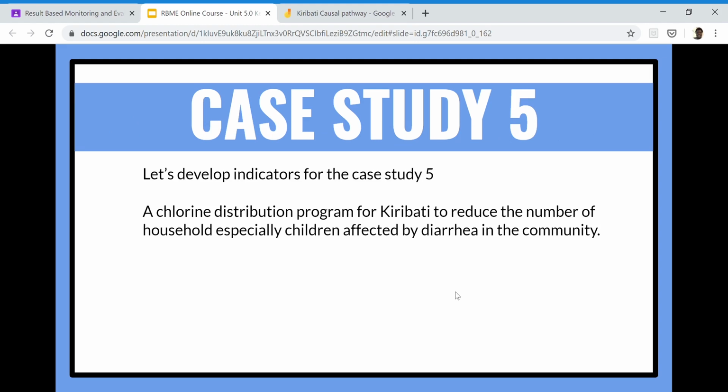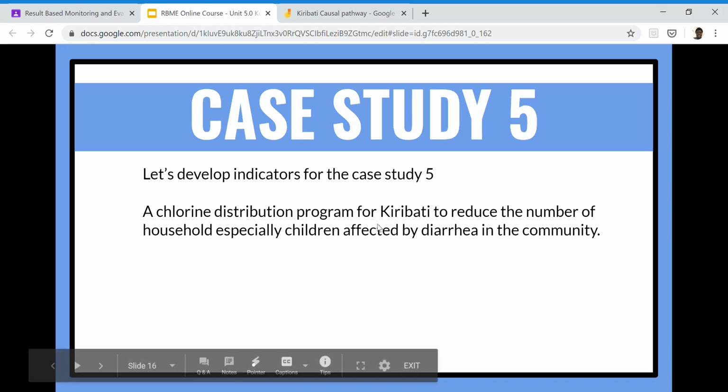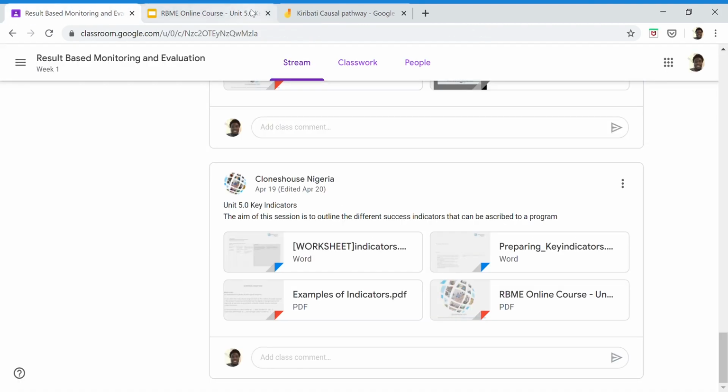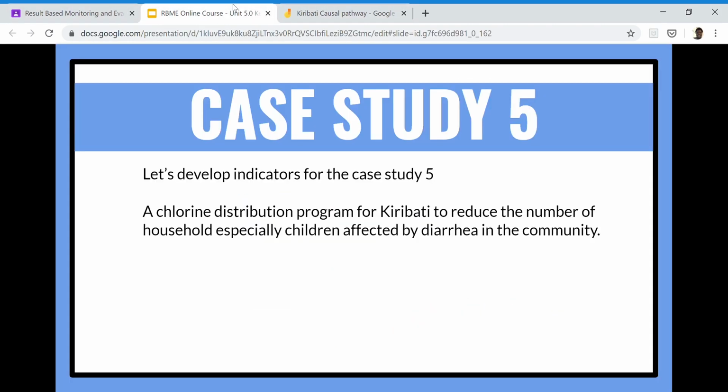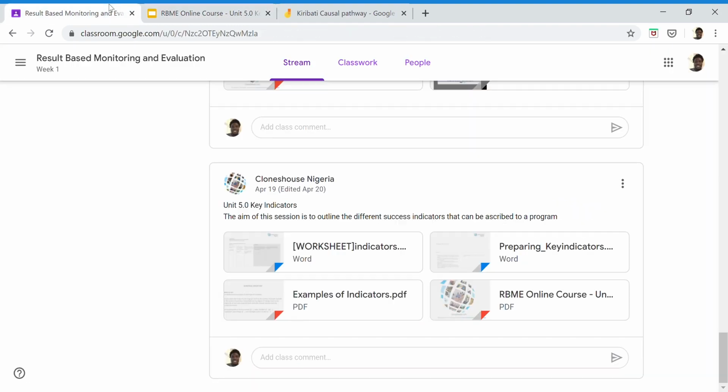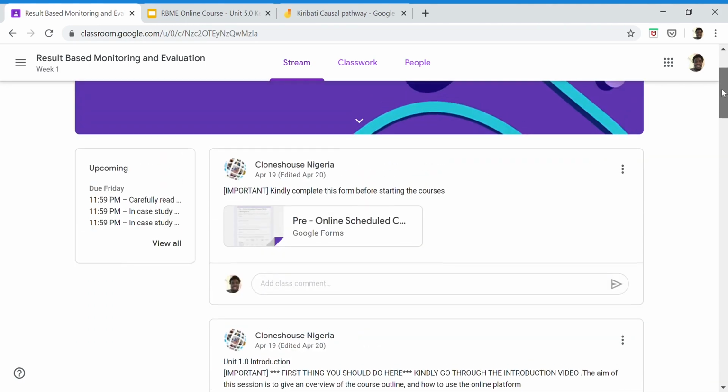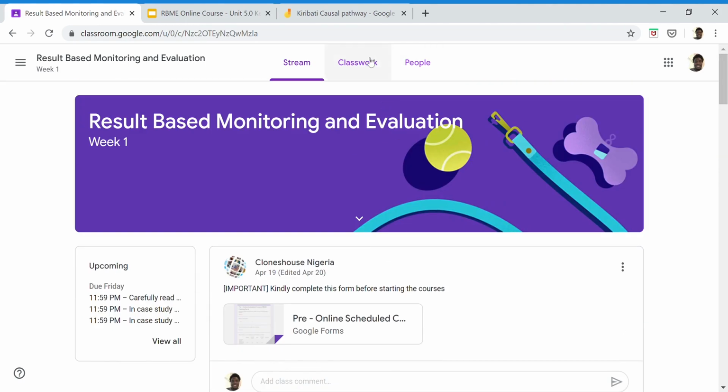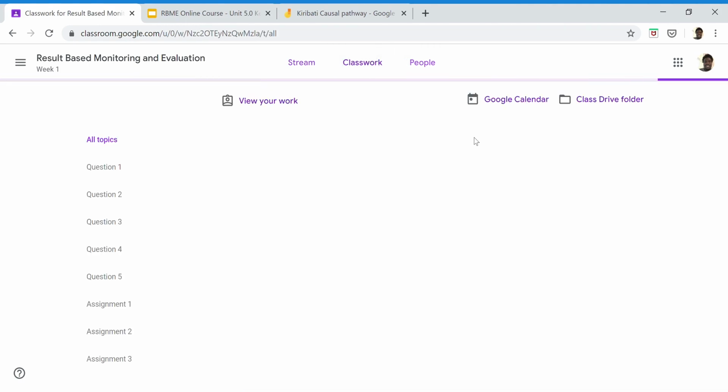So before we wrap things up, there's this case study 5 we've been working on. We are now supposed to develop indicators for case study 5, and that's part of our assignment. We're supposed to develop key indicators. So let's go to our assignments where we have unit 5.